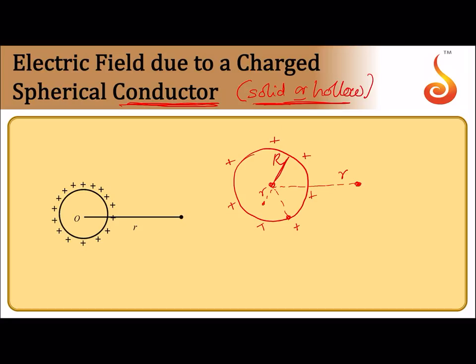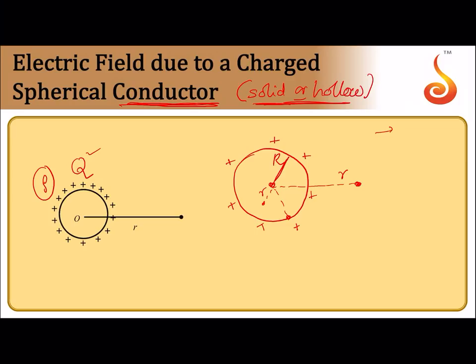Now again, our job is very similar to what we did in the last couple of discussions. The first is to assume a total charge Q. I'll assume that charge density is rho, charge is Q. What type of symmetry do you notice? Yes, correct. You notice a spherical symmetry. Good.